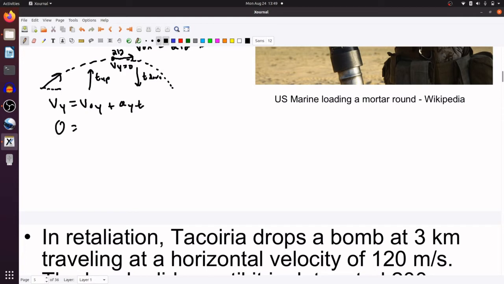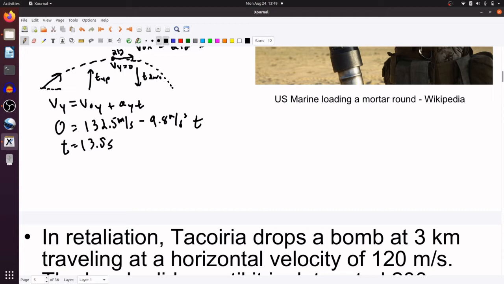So 0 is equal to a positive 132.5 meters a second, since the vertical component's going up, minus the 9.8 meters a second squared for gravity, t. So I take my 132.5 and divide that by 9.8, and I get 13.5 seconds, which is a lot of time. But this is pretty fast too, so makes sense.